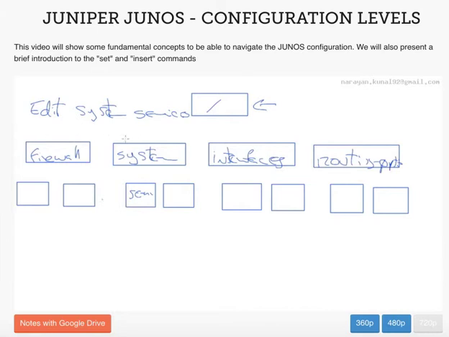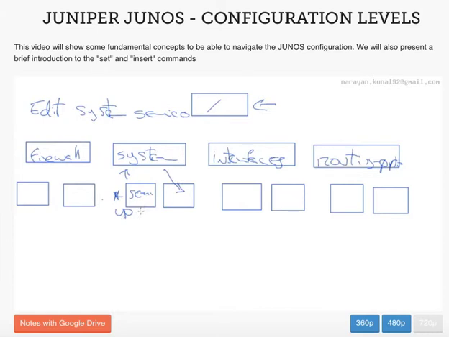Let's continue with system services. If you're here and you do the command up, the Junos CLI will move you to system. Now you're at this level and you can continue working there, or you can move to another level, whether up or down.